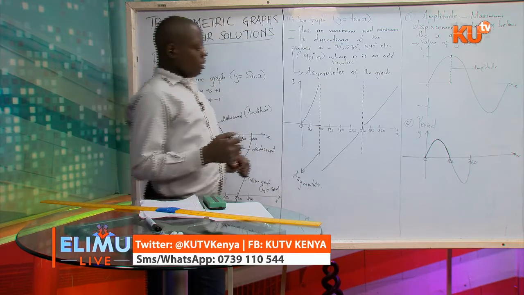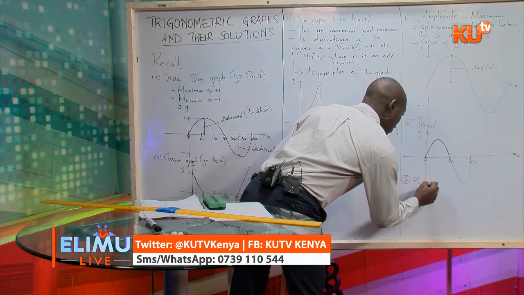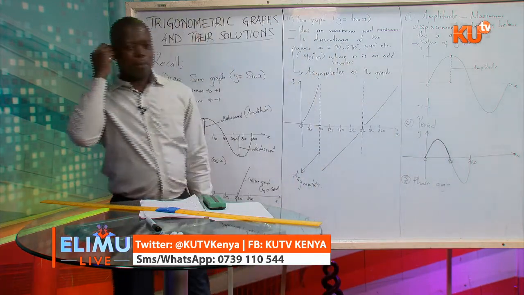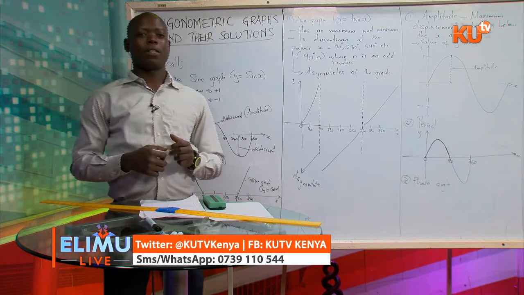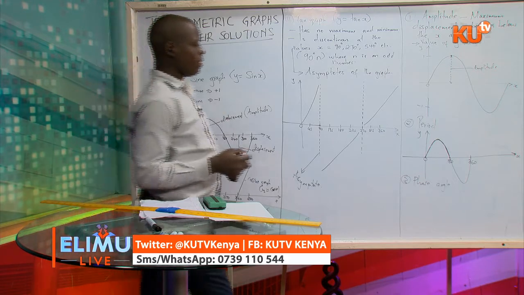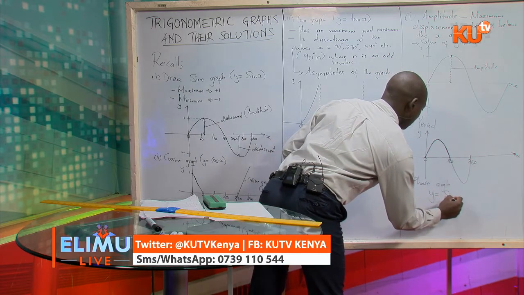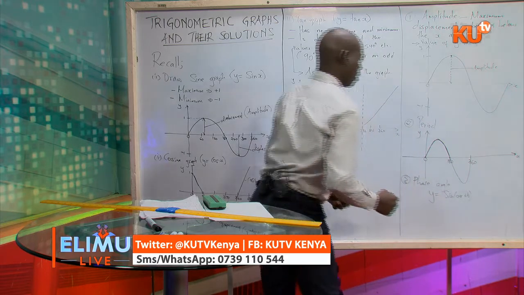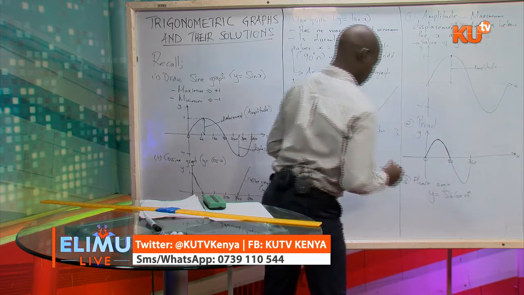Number 3, we're going to see what is called the phase angle. The phase angle is simply the angle difference. You'll find that some of the waves will be given, for example, y equals sine ax plus b degrees.